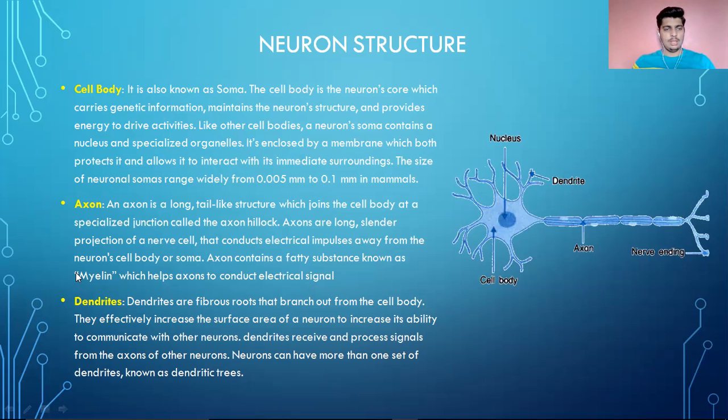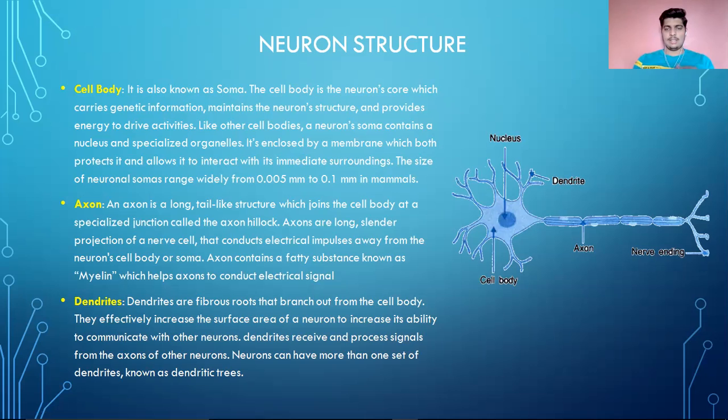Then we have dendrites. Dendrites are fibrous roots that branch out from the cell body. Here we can see these small projections coming out from the cell body are known as dendrites. So what is the purpose of this? They effectively increase the surface area of the neuron to increase its ability to communicate with other neurons.